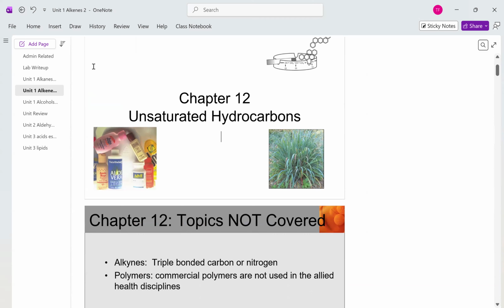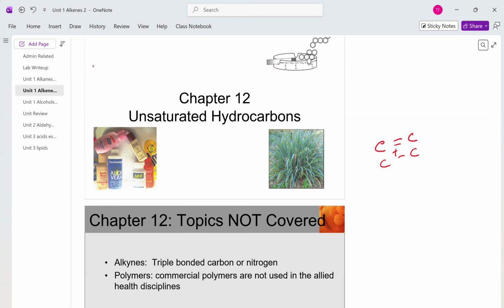We have saturated hydrocarbons and unsaturated hydrocarbons. You've heard of that from fats. We have saturated fats, unsaturated fats. When we start with unsaturated hydrocarbons, we're talking about double bonds and single bonds in the molecule.